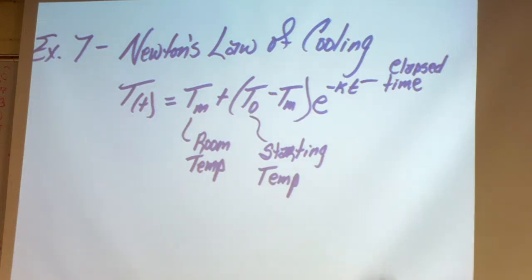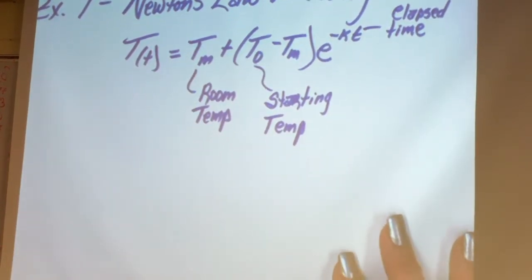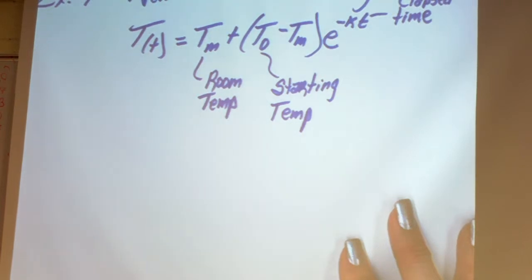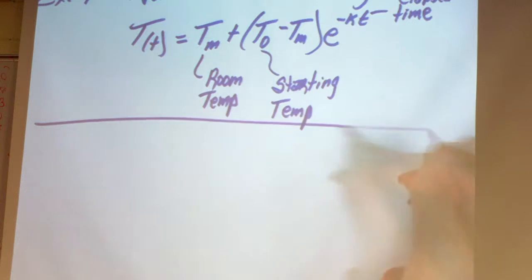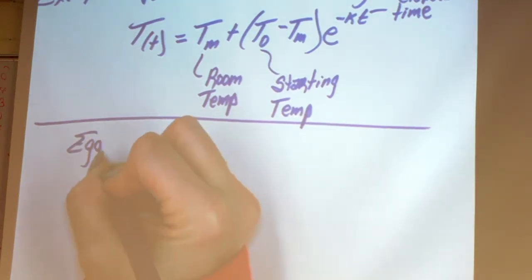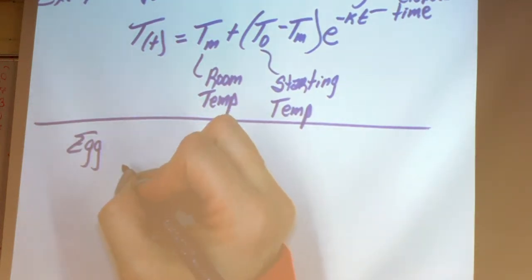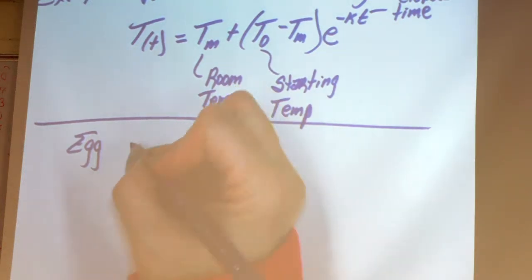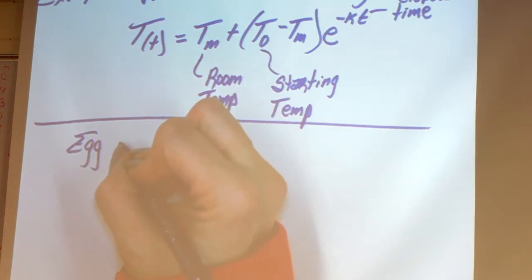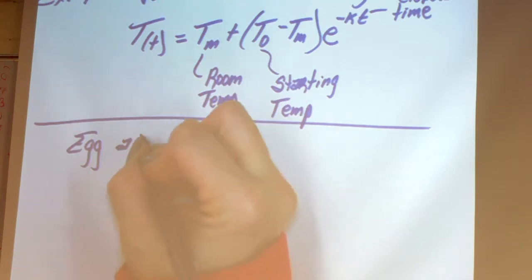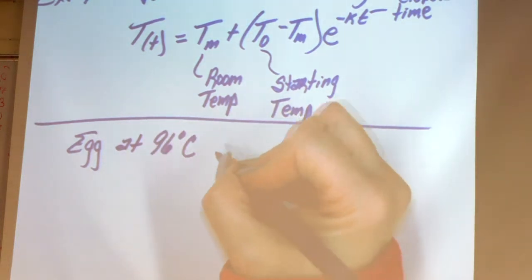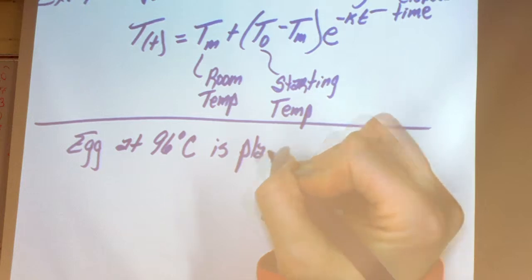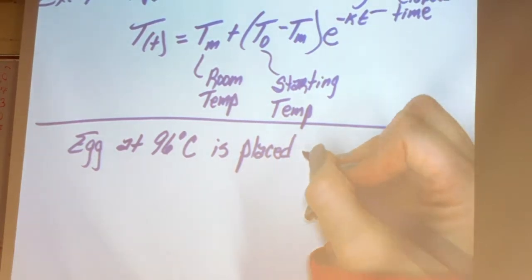Okay, so let's talk about a problem that we have to use Newton's law of cooling to calculate. We have an egg. Let's say it's a hard-boiled egg, and it was at a temperature of 96 degrees Celsius. So an egg at 96 degrees Celsius is placed in water to cool.